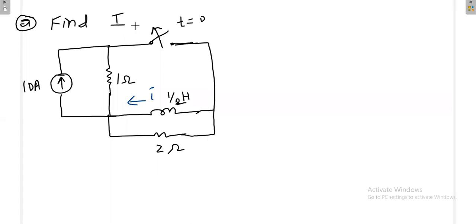Then we will assume this source has been connected at t is equal to minus infinity. What would be the state of the circuit exactly at t is equal to 0 minus, just before opening the switch?